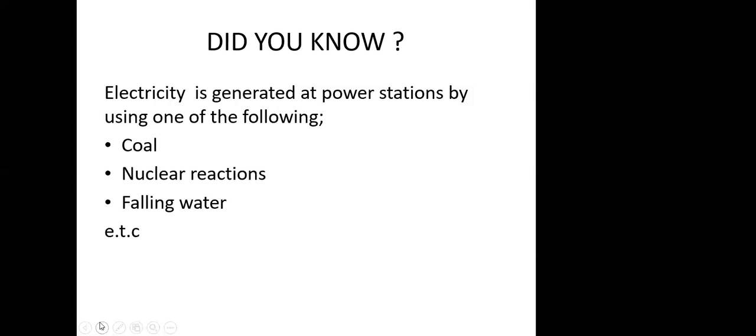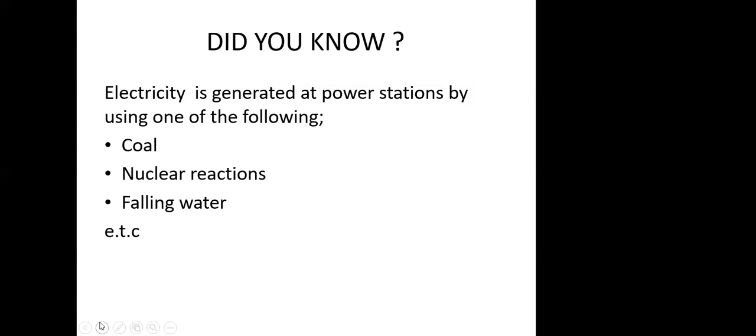Turbines are, in simple terms, like fins that when they turn around generate what we call mechanical energy because they are moving at a very high speed. That mechanical energy is then converted to electrical energy through a generator, and then we get the electrical energy that is transmitted and used in our homes.